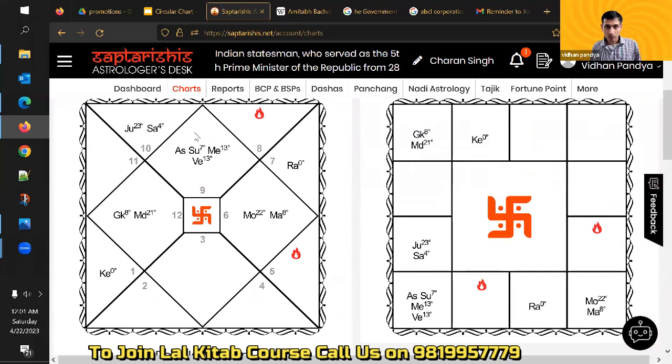Okay. Now, this is again the natal D1 chart of Chaudhary Charan Singh with degrees and everything, right? Now here, in the 83rd year, Saturn is getting activated. Saturn is in the second house, Marak style.